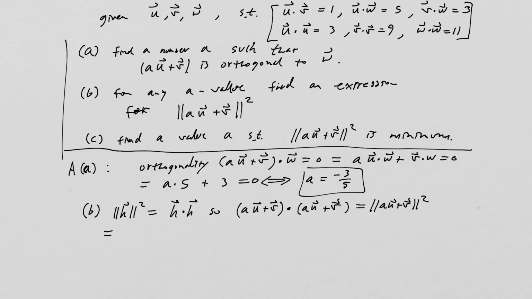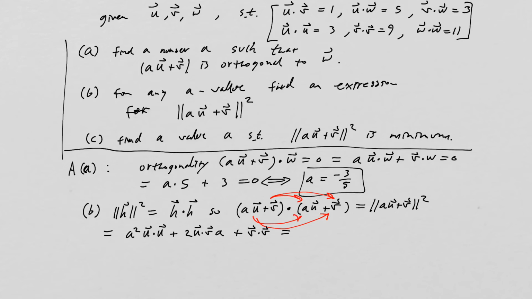All right, so now we have to use the dot product, it has a distributive law. So of course we have to distribute in all those dot products, and we're going to get a squared u dotted with u plus 2 times u dotted with v times a plus v dotted with v.